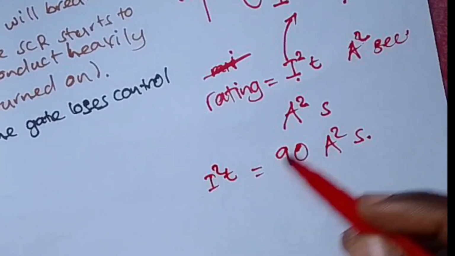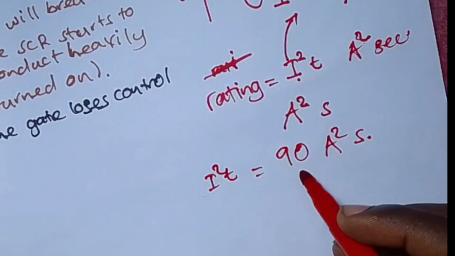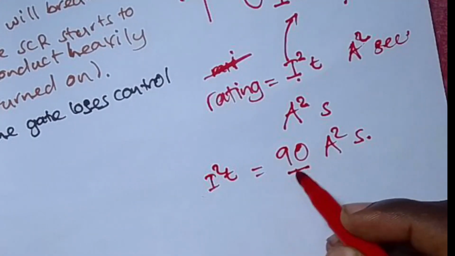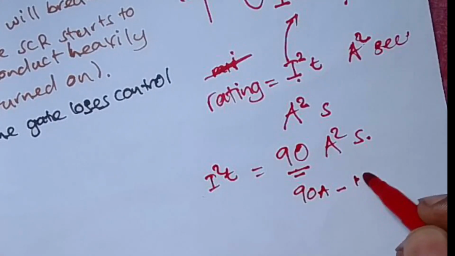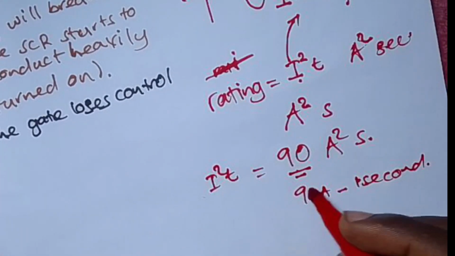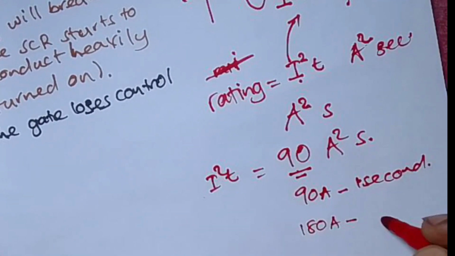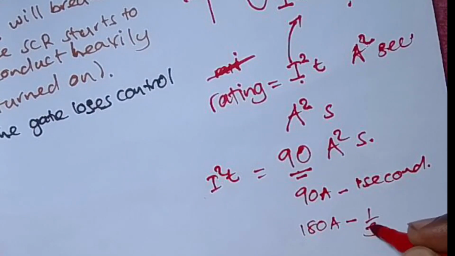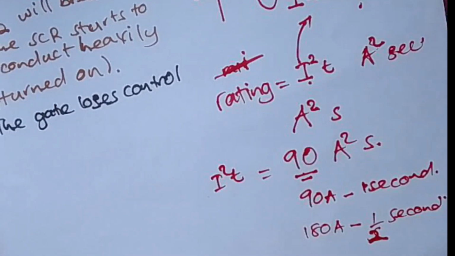I'm going to forget about the I being squared and just look at the current. I'll say maybe this device can handle 90 amps for 1 second. Then it can maybe handle 180 amps for half a second. You get it?